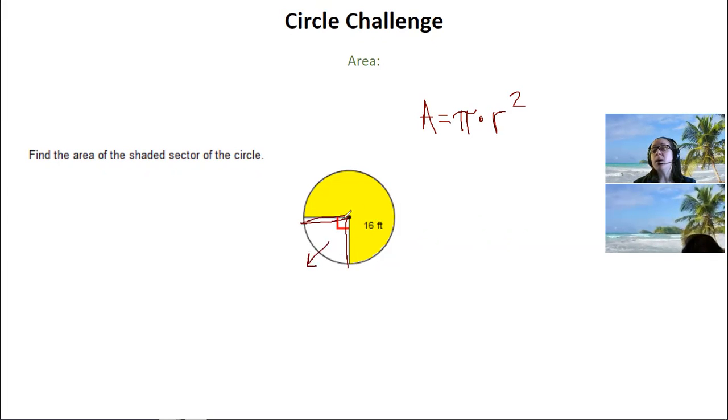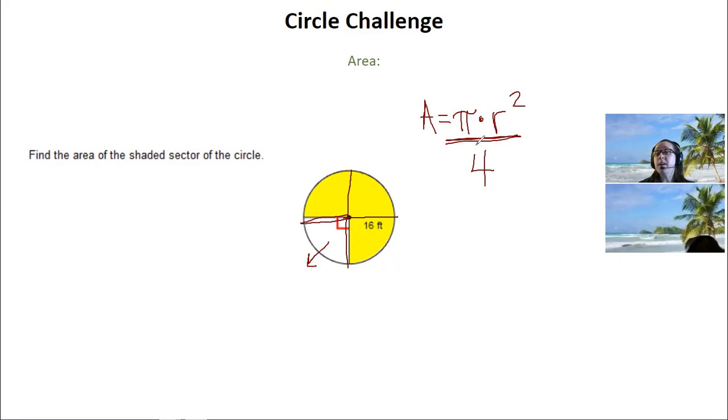So if I want to think about splitting this circle into quarters, what would I end up dividing my area by? When you split something into quarters, what do you divide by? By 4, yeah.